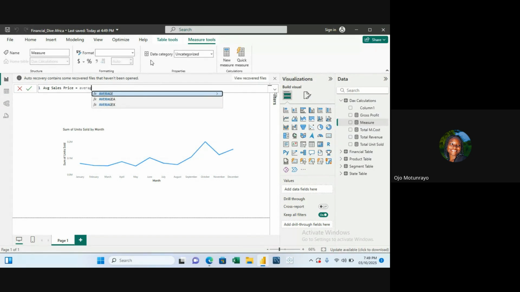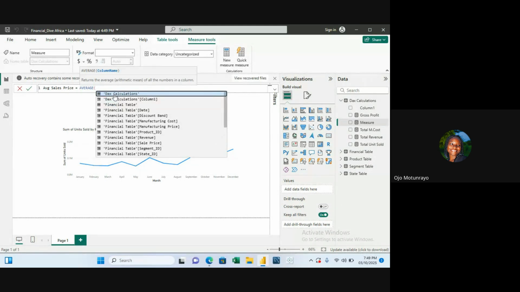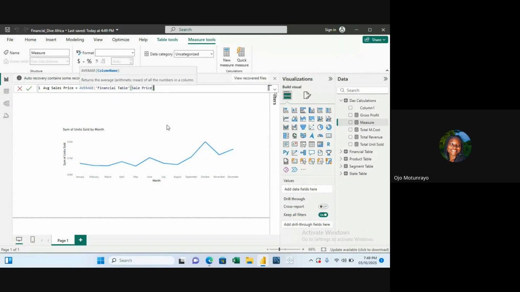So calculate average, then financial table, sales price. That's our average sales price.